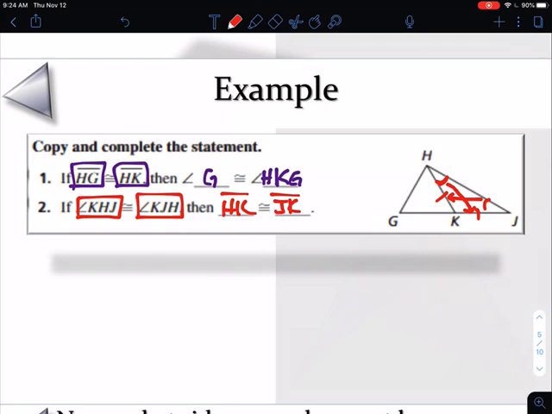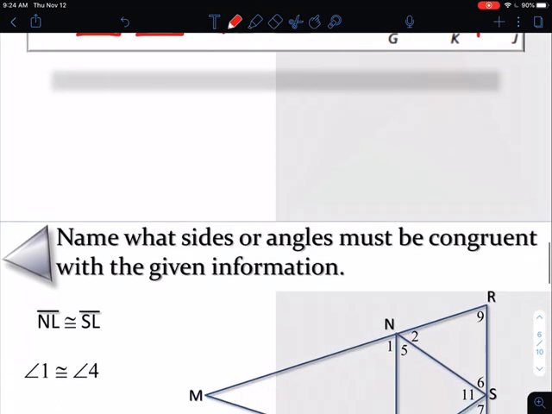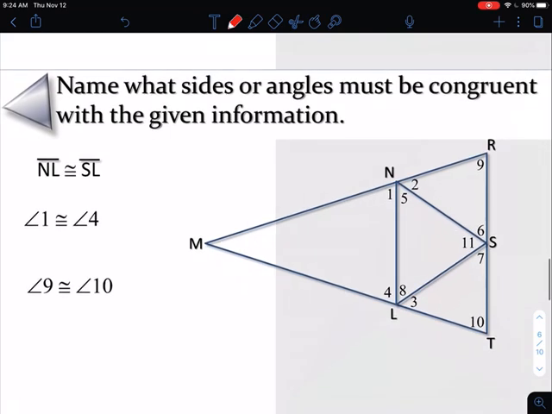And so it works both ways. Sides lead to angles, angles lead to sides. Same thing here, just a little more complex picture. So if they tell me that, for instance, line segment NL is congruent to line segment SL. So NL in this picture is this line right here, and that's congruent to this line segment here, SL. They want to know which angles have to be congruent because of that.